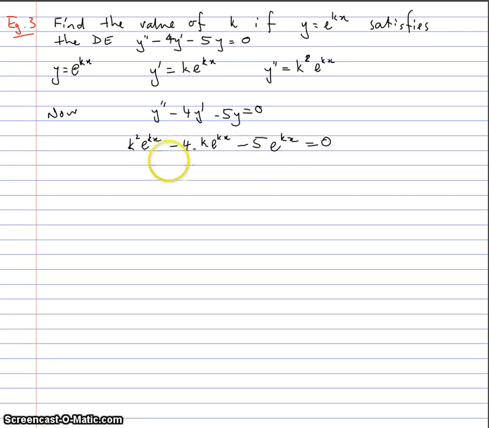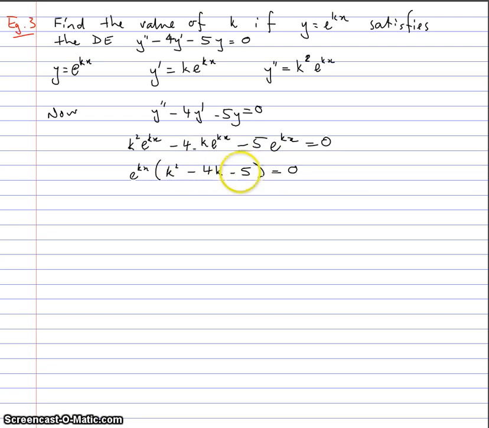Now, let's work through from here. We've got a common factor here of e to the kx, so we're going to take that out the front. e to the kx, leaving us with k squared minus 4k minus 5 equals 0.